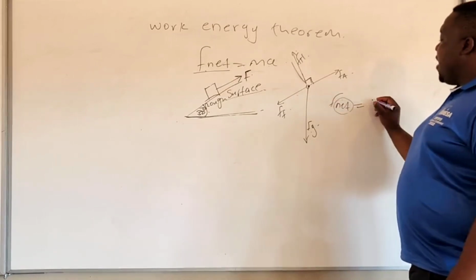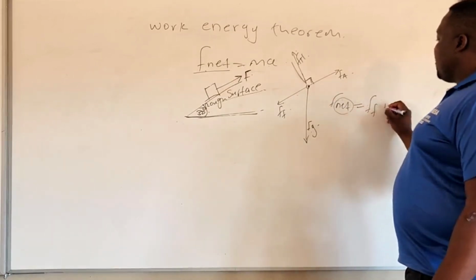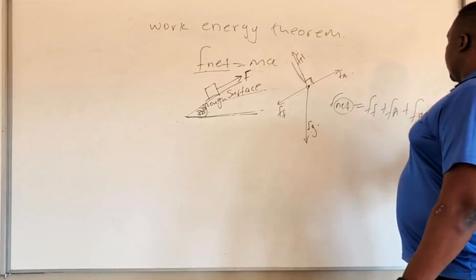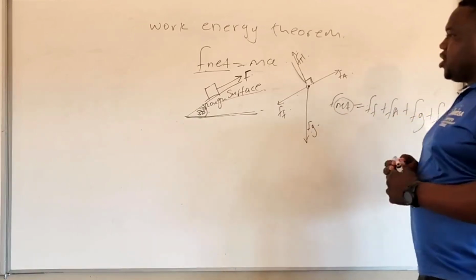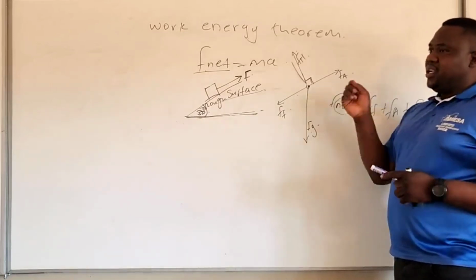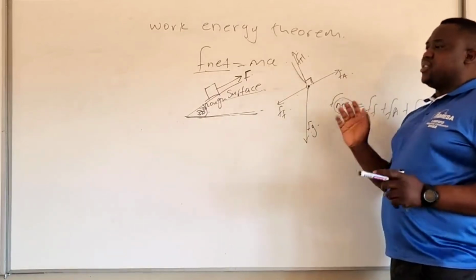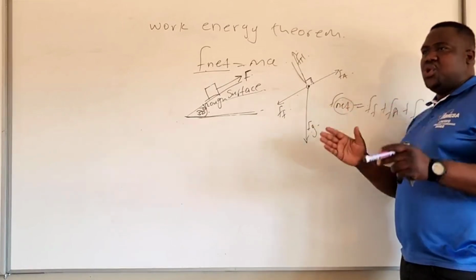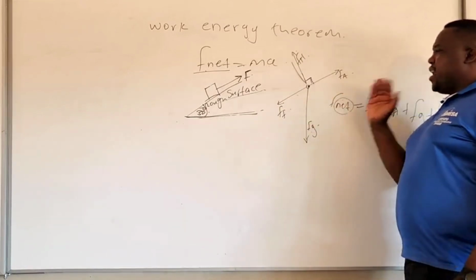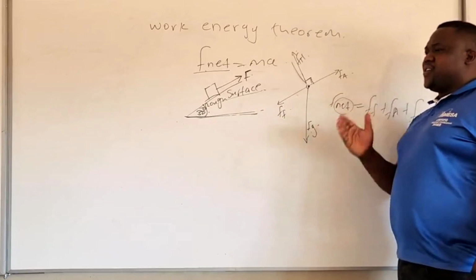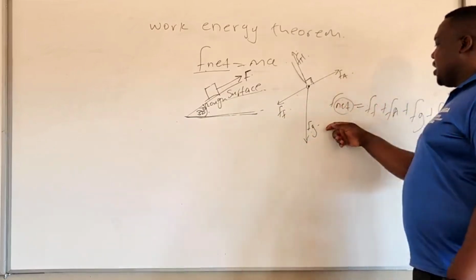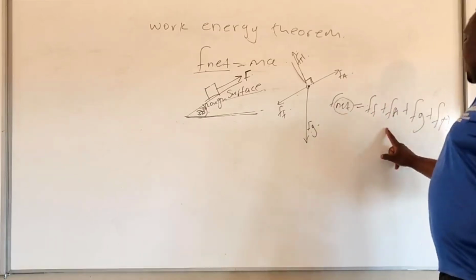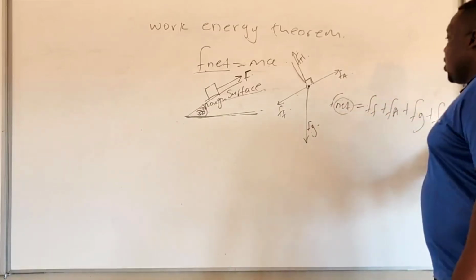It means the F net is the frictional force plus the applied force plus the gravitational force plus the normal force. Although some of the forces will have a magnitude of 0, I'm not interested in that. I'm interested in explaining that a net force is the sum of all the forces that are acting on an object.